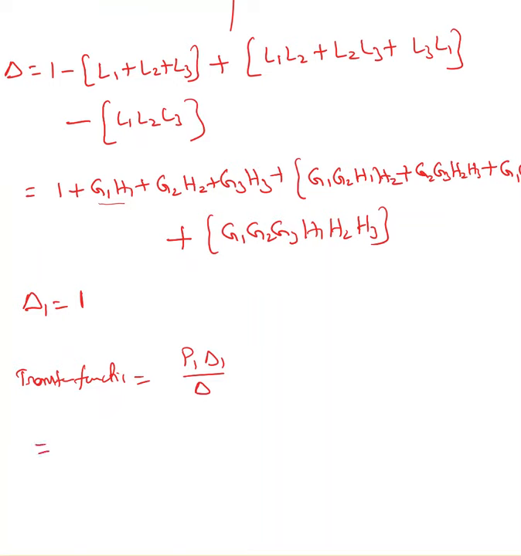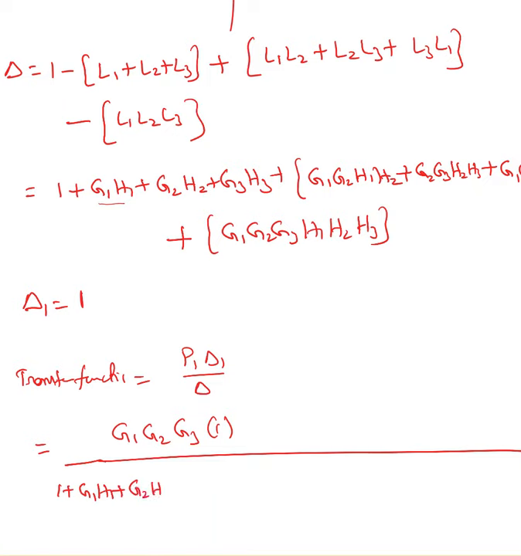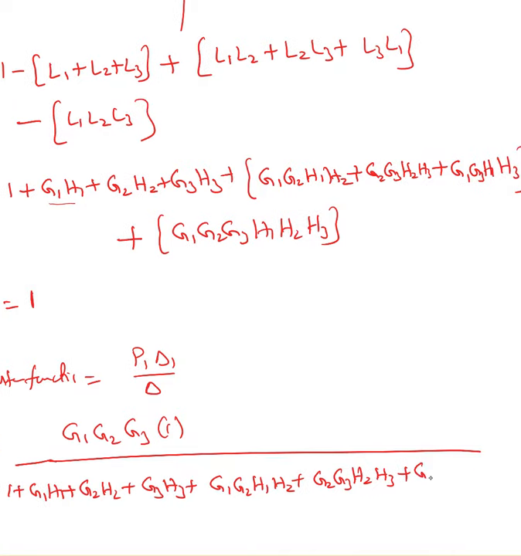Path 1 is Z1 Z2 Z3, delta 1 equal to 1, and delta is right there, so copy everything: 1 plus Z1 H1 plus Z2 H2 plus Z3 H3 plus Z1 Z2 H1 H2 plus Z2 Z3 H2 H3 plus Z1 Z3 H1 H3 plus Z1 Z2 Z3 H1 H2 H3.